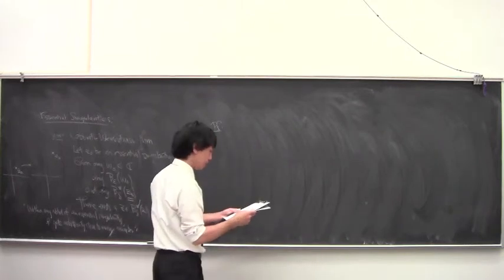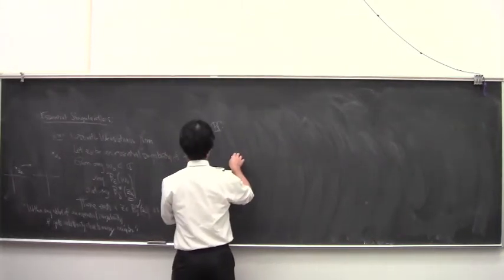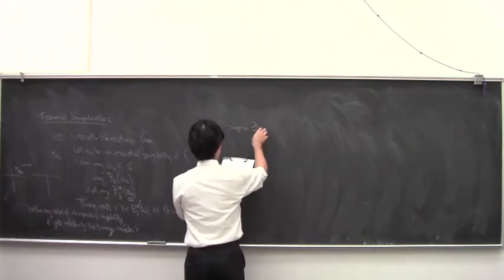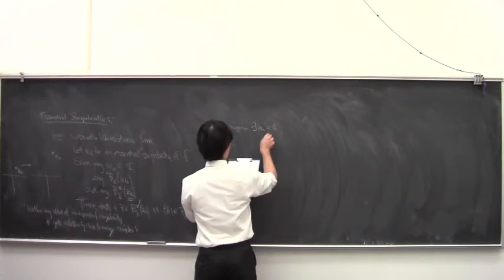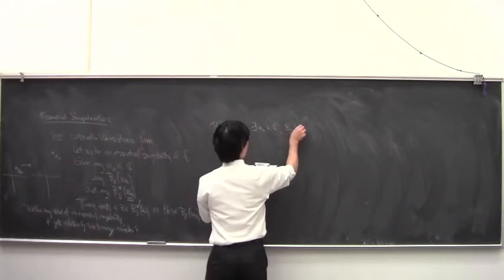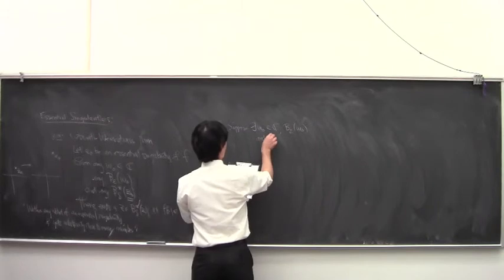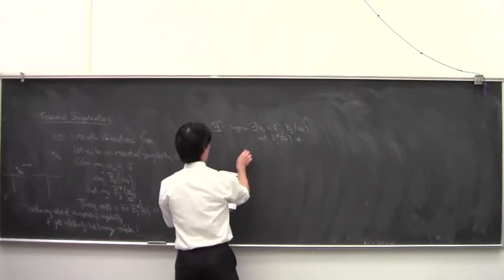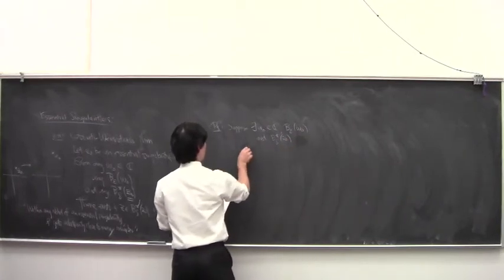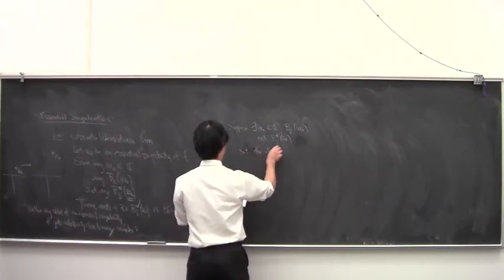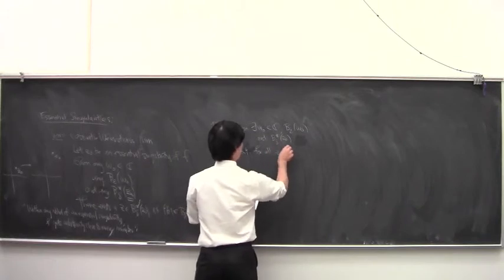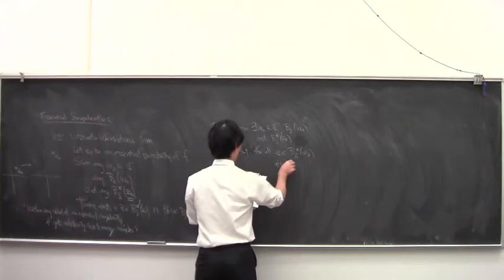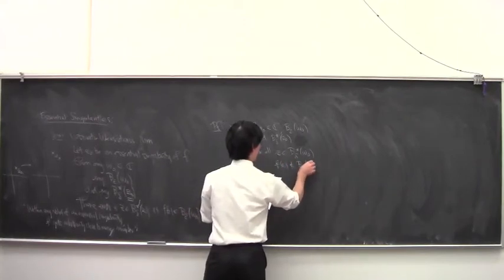So the proof is by contradiction. Suppose there exists some w naught in C, some epsilon neighborhood of w naught, and some punctured ball around z naught, such that for all points in that punctured neighborhood, none of them are in the epsilon neighborhood of w naught.